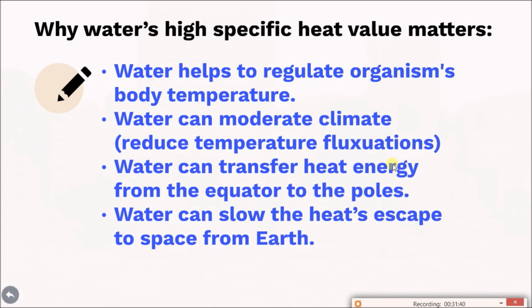We actually see water moving heat from the equator up towards the poles in giant circulation currents we call gyres. And then water can also slow heat's escape to space by water vapor existing in our atmosphere as our major greenhouse gas. Pause the video until you get all of those written down.